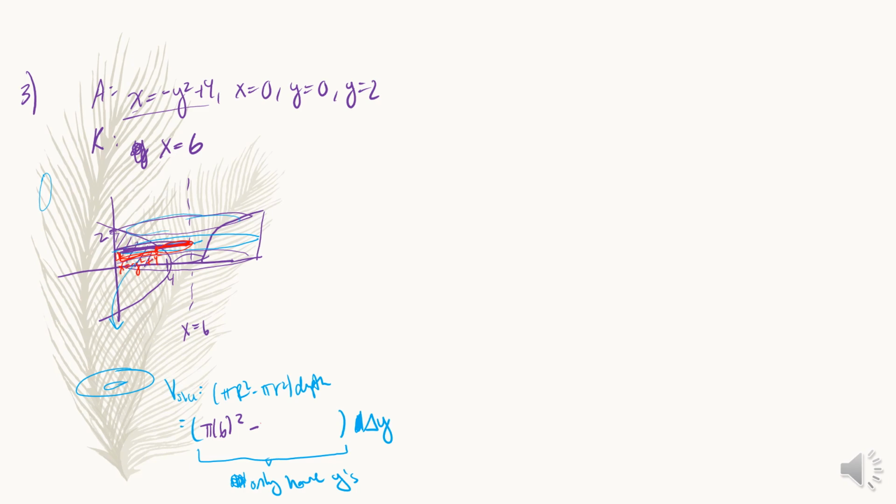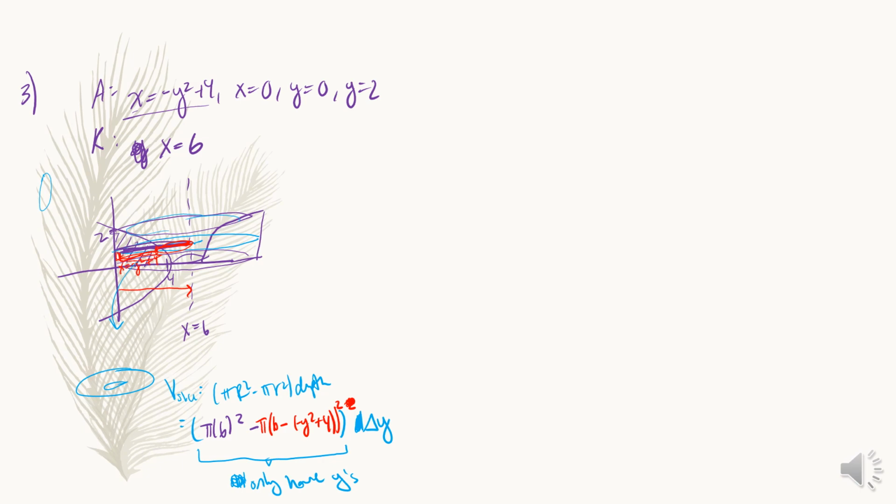So to figure out that distance, what I want to do is I'll do 6 minus the negative y squared plus 4, and we are going to be squaring that. I think that's the wrong place for my square. There we go. So the reason is 6 measures from the y-axis all the way to x equals 6.